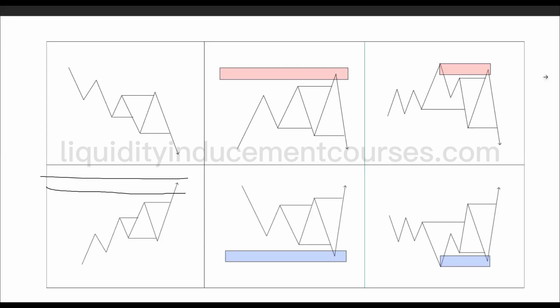Yeah, there we go, liquidity. Exactly. If we are sweeping external liquidity and mitigating supply, the whole scenario changes, right? Then this would be the FBOS, this would be the inducement, and then this would be the FBOS, nice. And this would be the true BOS, right? And price will do this and reverse.